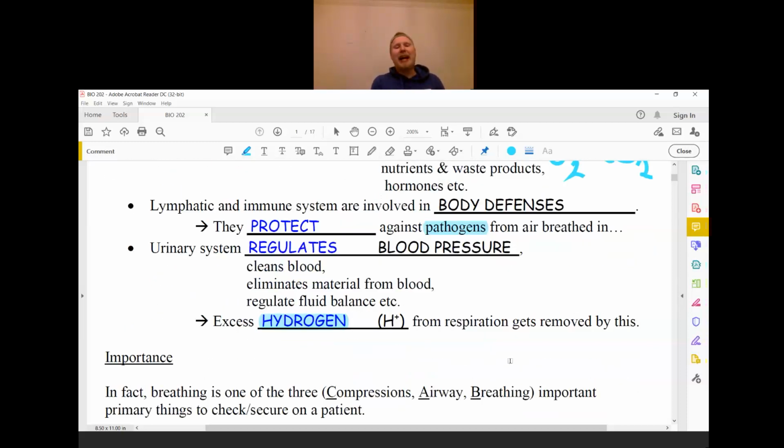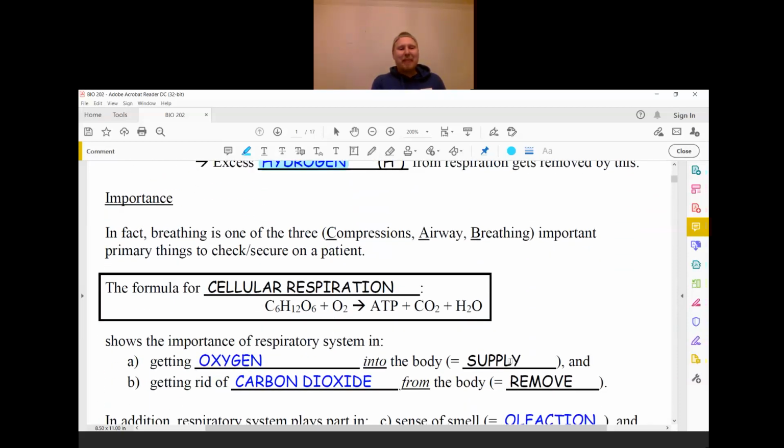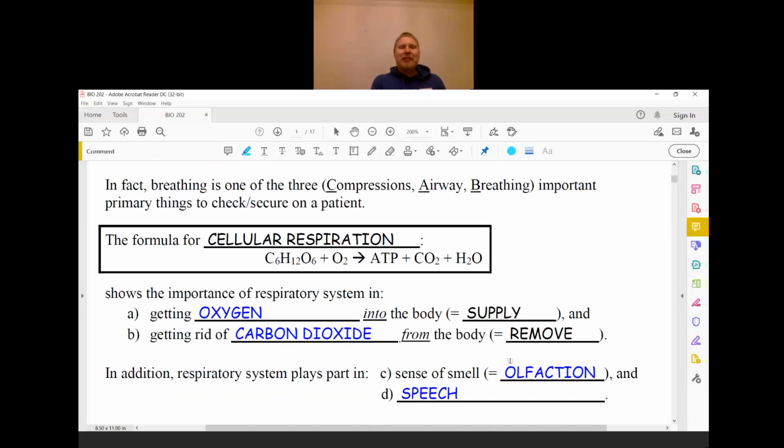So now that we have had a look at the systems connections, I think it's a good place for us to consider the importance of the respiratory system. You might remember that I told you there are three main points that we worry about when we first approach a patient, whether it's in emergency medicine, as a paramedic, or in a first aid setting. We're checking for three things, and two out of those three are dedicated to the respiratory system.